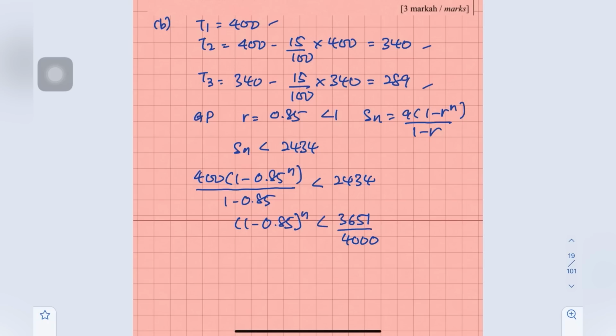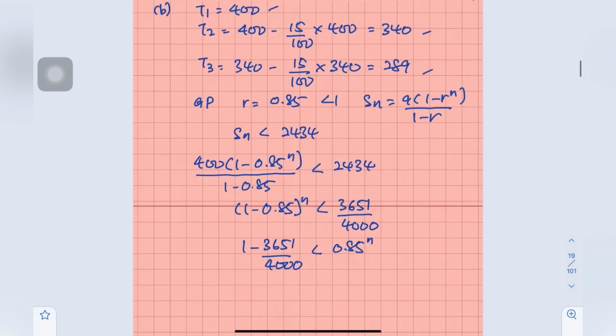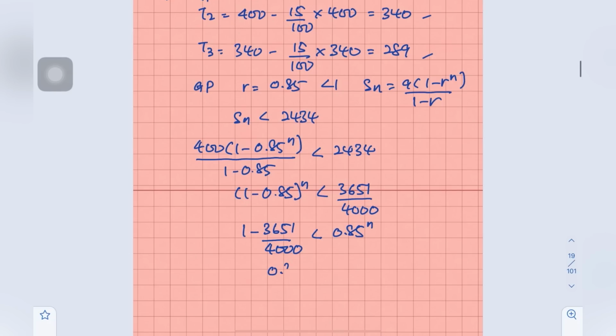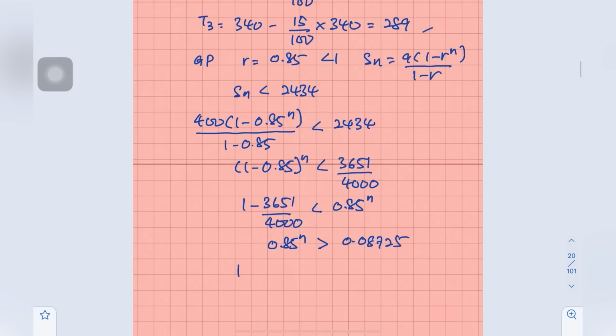So 1 minus 3651 over 4,000 is less than 0.85 to the power of n. Simplifying, 0.85 to the power of n is more than 0.08725. To find the value of n, we take log base 10 on both sides.